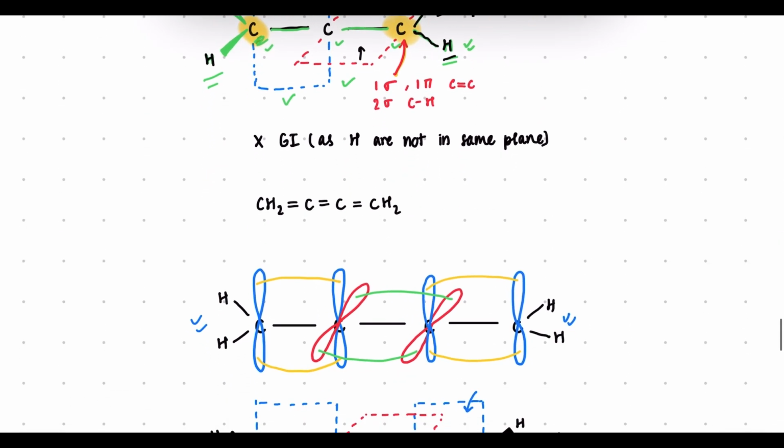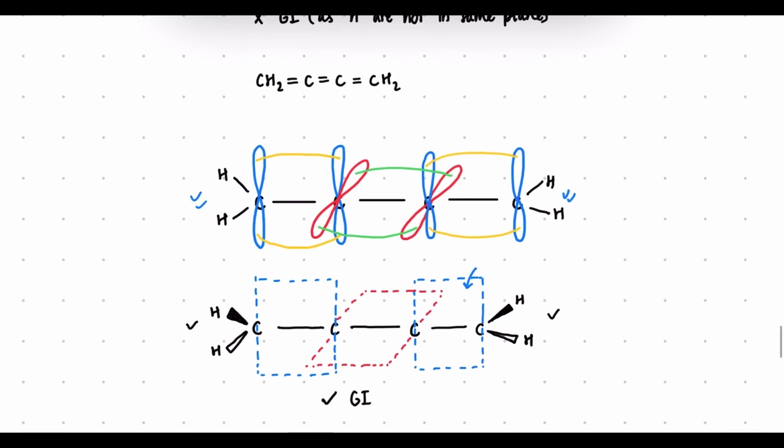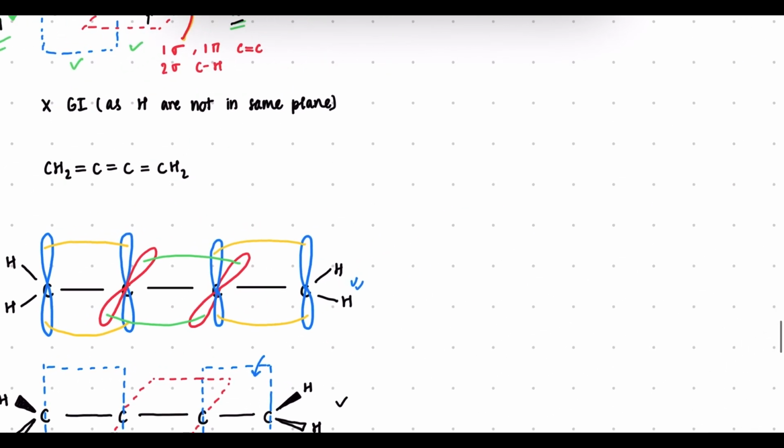But when it came to a 4-carbon allene, we saw that it does exhibit geometrical isomerism because the hydrogens are in the same plane. So one thing that you could shorthandedly remember is that a polyene with an odd number of double bonds can show geometrical isomerism. So let me write that down here.